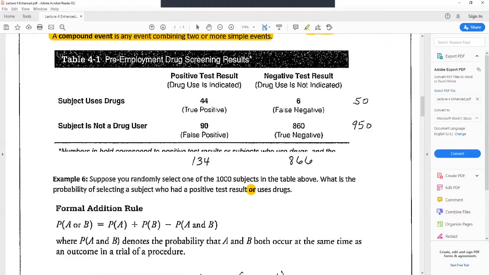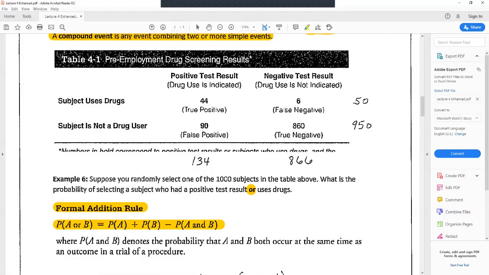And the formal addition rule says that if you want to know the probability of A or B, that is going to be the probability of A plus the probability of B minus the probability of both. The reason we have to subtract out the probability of both is because some people are in both A and B, and we don't want to count those people twice.